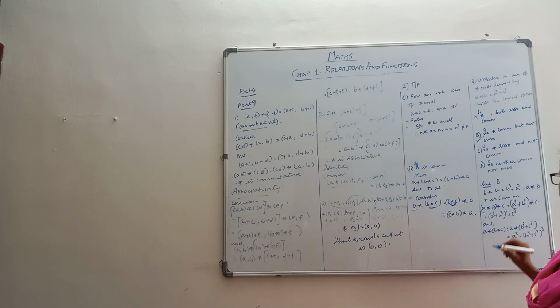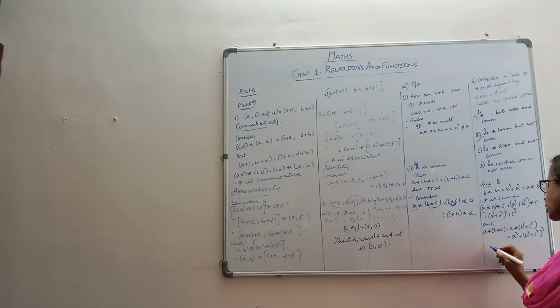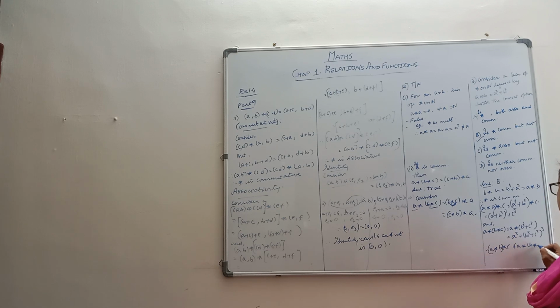You check these values, and they are different. A cube plus B cube, the whole cube, plus C cube, versus A cube plus B cube plus C cube, the whole cube. We are not going to expand it, but when we expand it, the terms are really, really different. So therefore, A star B star C is never equal to A star B star C in the other order.